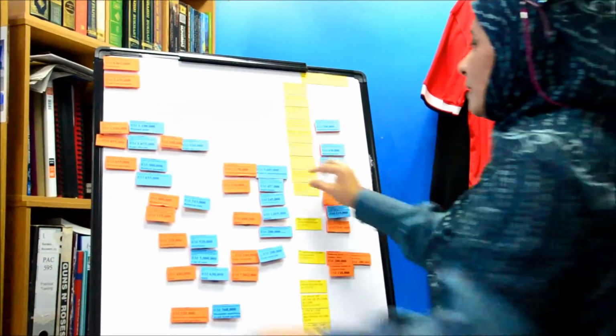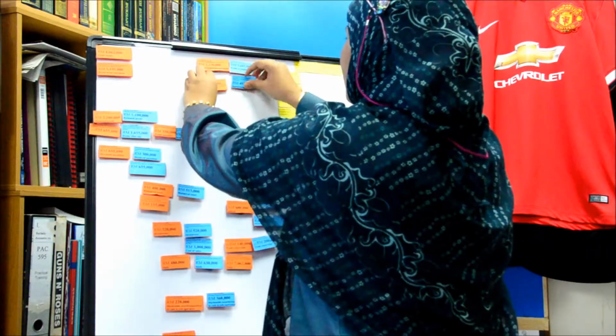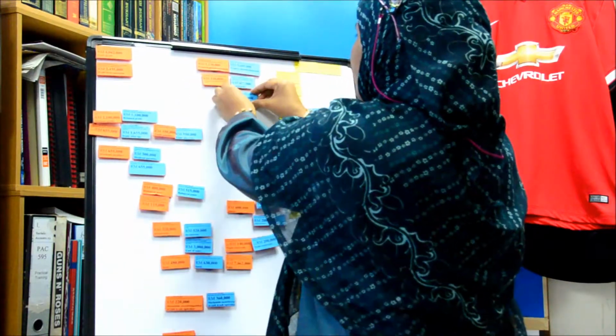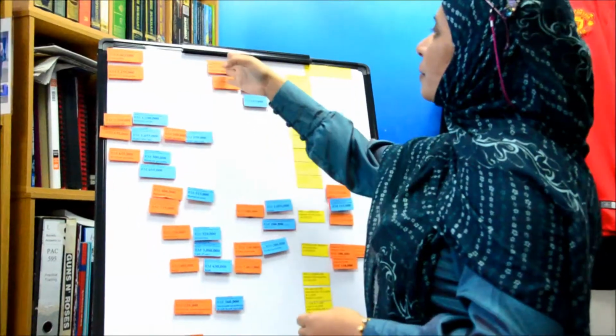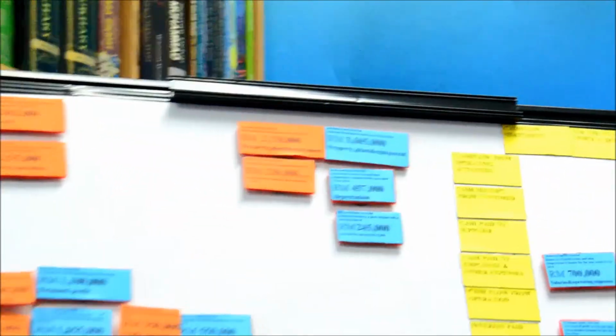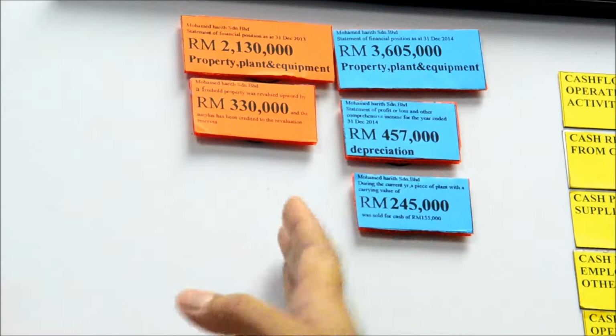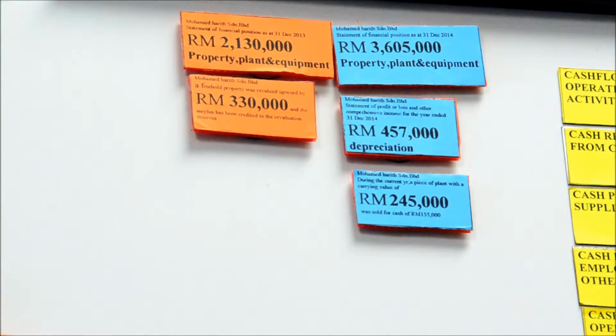Alright, so the next thing you should do is to look at your property, plant, equipment. Right here. Yeah. So in your property, plant, equipment, you have opening balance 2130, and then you have surplus during the year 330, closing balance 3605. So you have something missing on the debit side. So what is that?